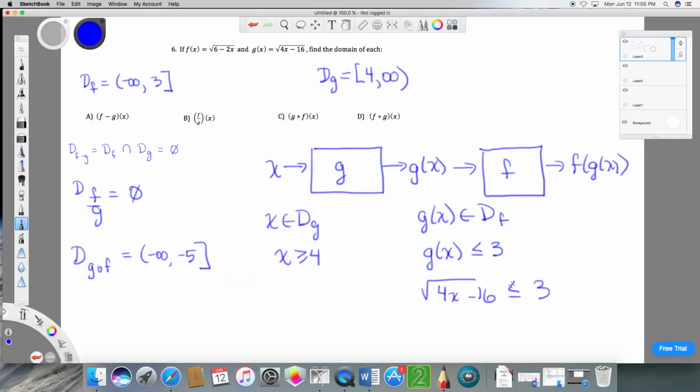But that's a positive value. I know that less than or equal to 3 might include negative values, but I know that right here, this is a positive amount. So I know I'm between 0 and 3 here. If I square both sides of this, 4x minus 16 is less than or equal to 9, and I think I'm allowed to do that.